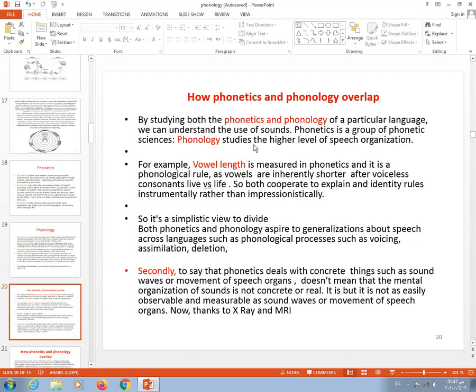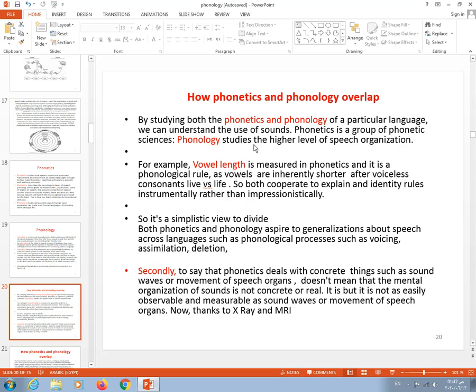Secondly, to say that phonetics deals with concrete things such as sound waves or movement of speech organs doesn't mean that the mental organization of sounds is not concrete or real. It is: how we move our speech organs, how we get our tongue in a particular position to pronounce a particular sound, to make stress in a particular syllable, to get rhythm in a particular way.